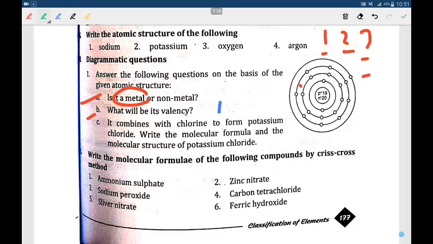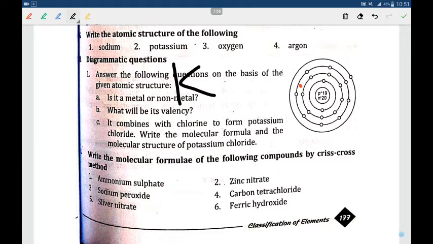Next question, number C. It combines to form potassium chloride. Write the molecular formula and the molecular structure of potassium chloride. Right? Molecular formula of potassium chloride is KCl.